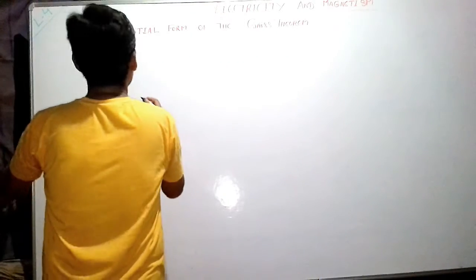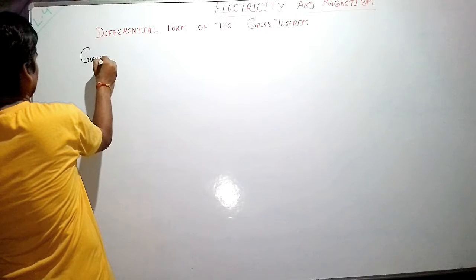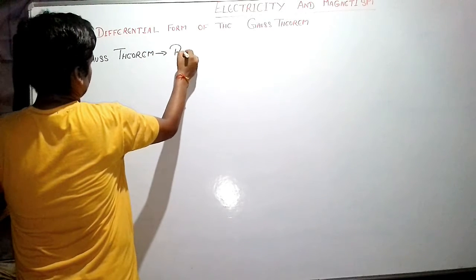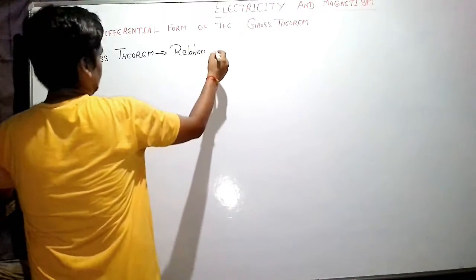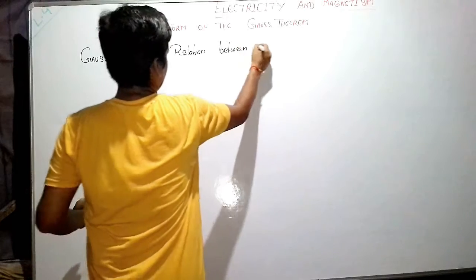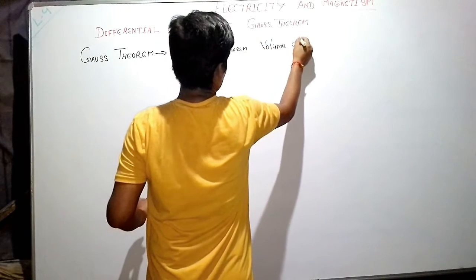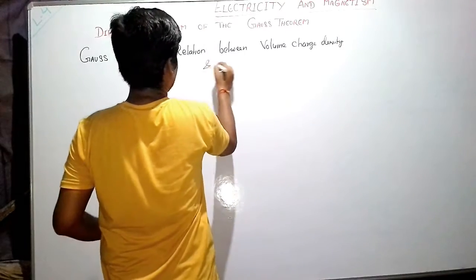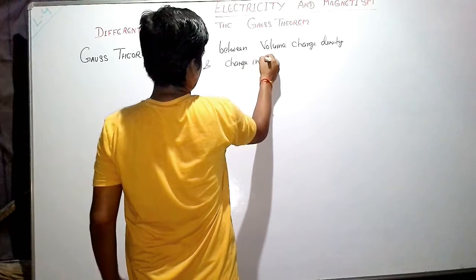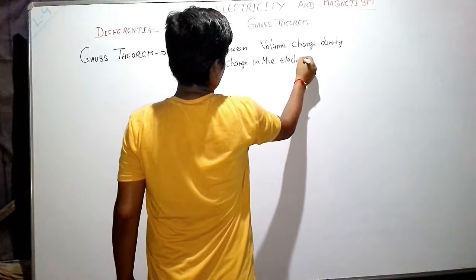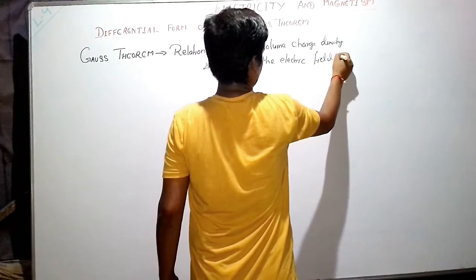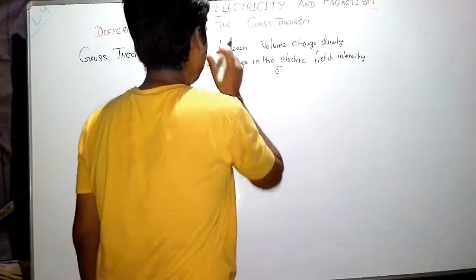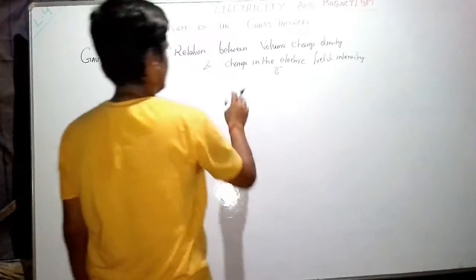The Gauss theorem is simply a relation between volume charge density and change in the electric field intensity E.